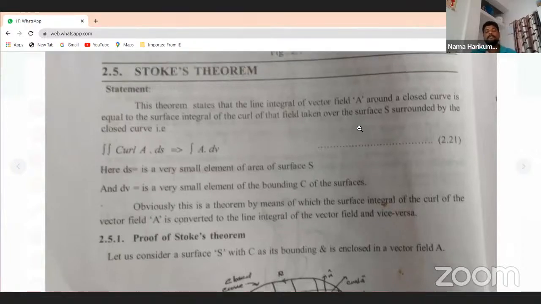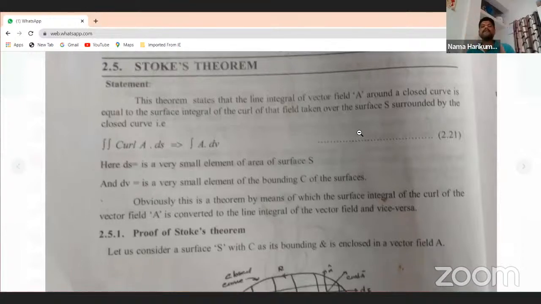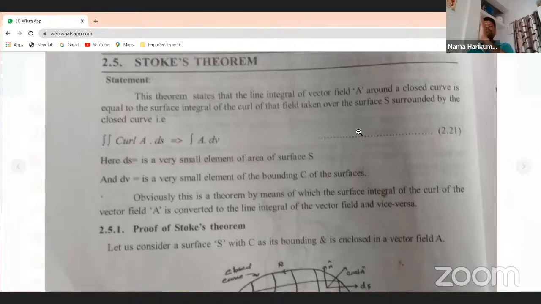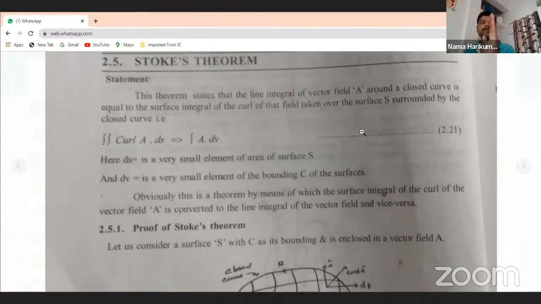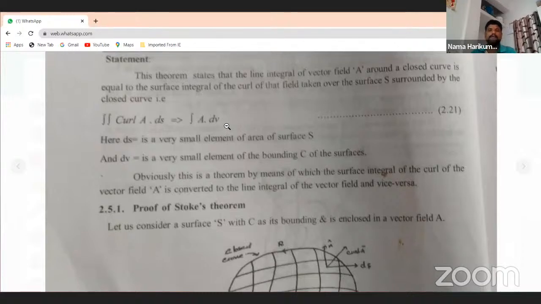So what does that mean? The line integral we have to modify to surface integral. In this modification process, we have to use the curl value. The equation is integration of A dot dl, that is a line integral.